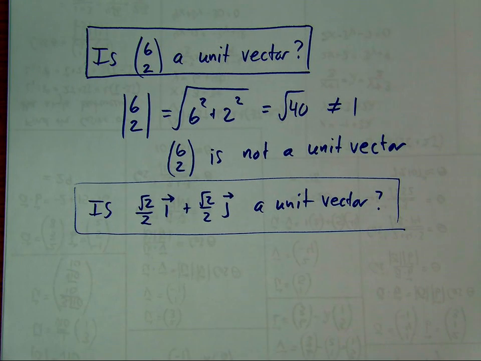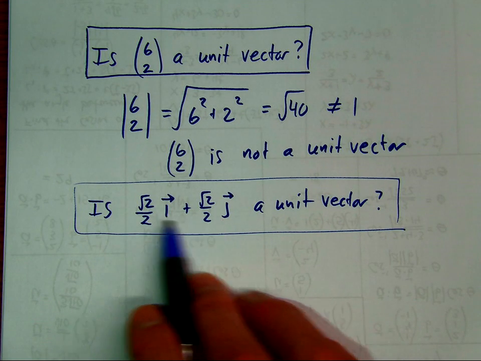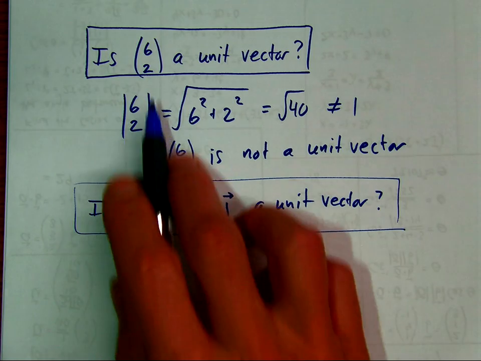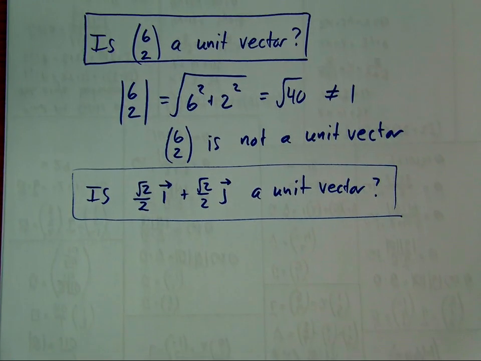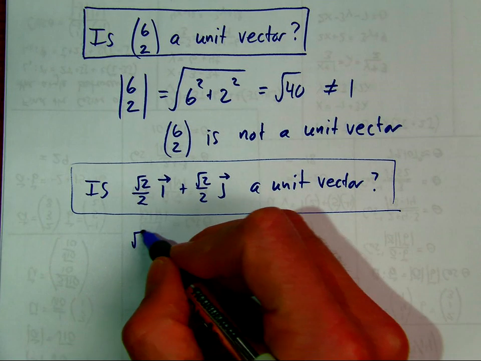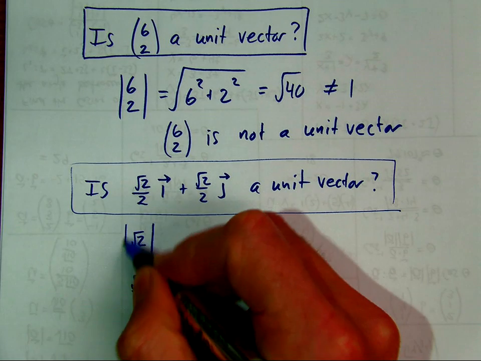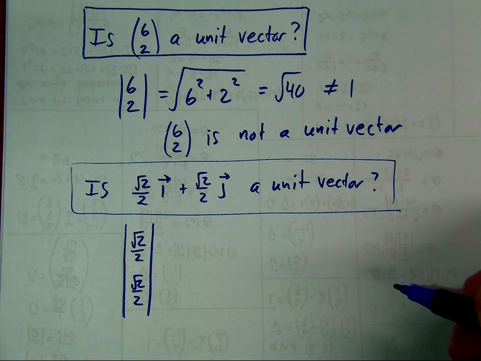All right, pause the video and try that one. Remember that this form of a vector, you could write it as a column vector if you want. Pause the video and try that. All we need to do is see if the magnitude is 1.